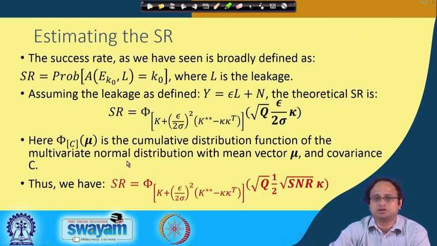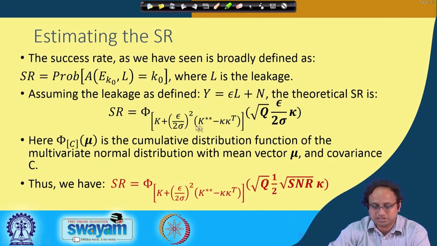We have already seen a multivariate normal distribution in one of our previous classes, where the mean vector is mu and the covariance matrix is C. The covariance matrix C is defined by this formula, which is k plus epsilon by 2 sigma whole square into kappa into k star star minus kappa transpose.